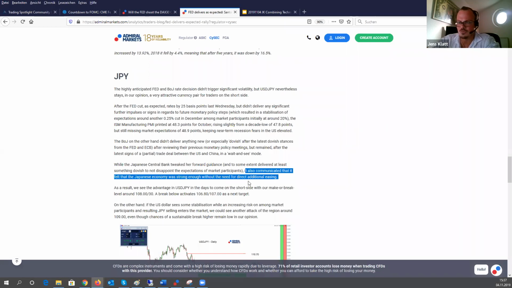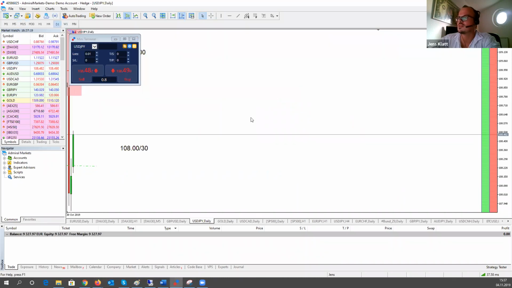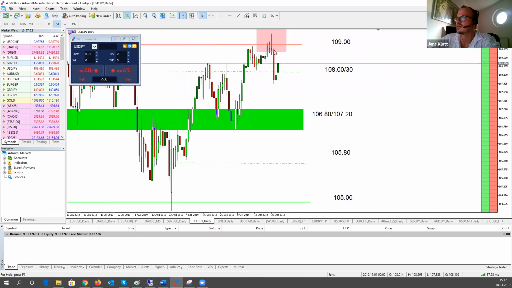So they tried to somehow satisfy the expectations of market participants, but they didn't deliver. What was the result? That was on Thursday. Well, market participants expected a dovish approach from the ECB. They didn't deliver it. As a result, JPY was aggressively bought that day.